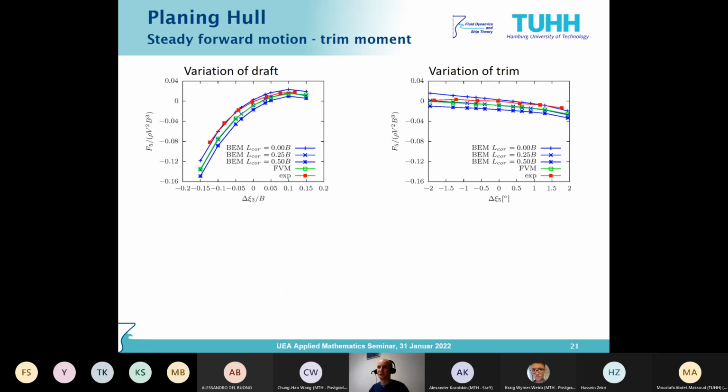We cannot correct both the trim moment and the heave force at the same time, because we only have one parameter. If we change the integration boundary, we change both the vertical force and the trim moment at the same time. However, it would be possible, if we choose a middle way, to get an approximately okay-ish correction.